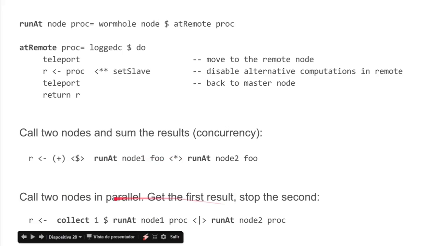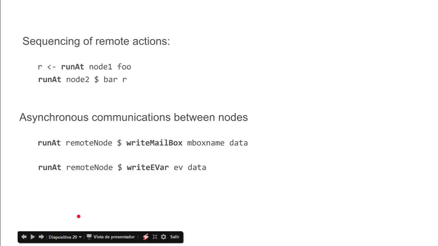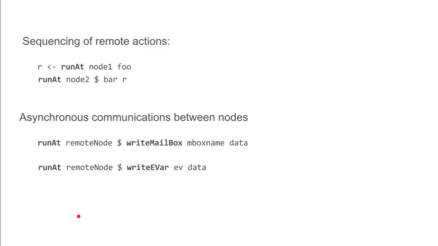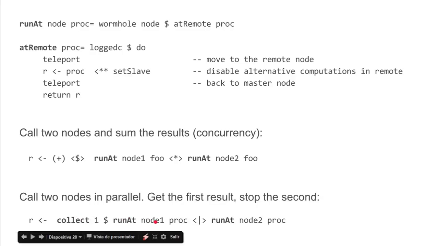Both will return a different result in a different thread, and in this case use collect to get the first result. Collect is another primitive that does exactly that. This is useful for basic resilience. We can execute the same in two nodes and get the first.